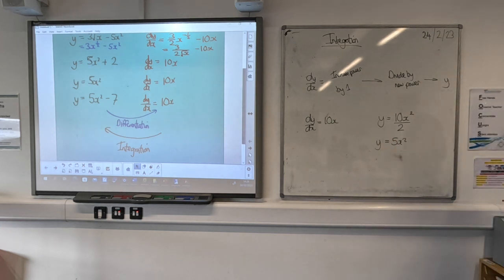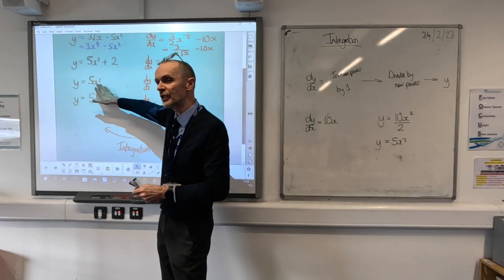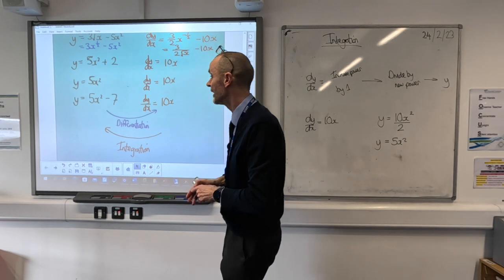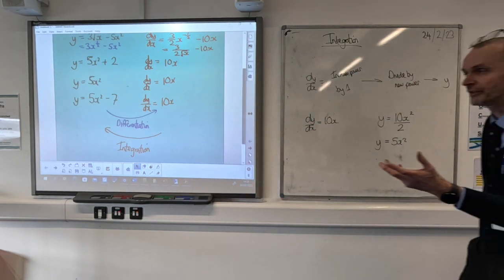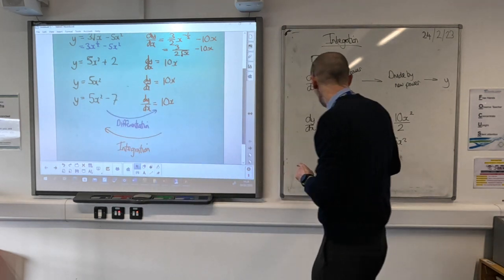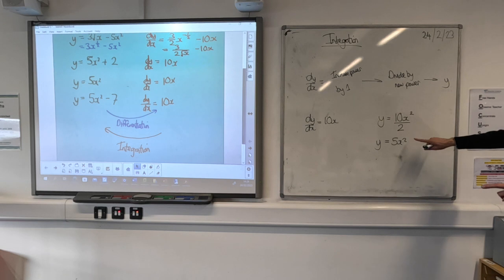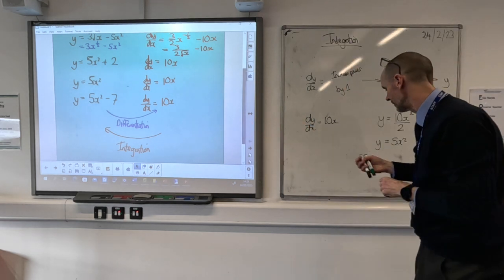But we have a problem, and that problem is I don't know if the original function, the original y equals statement, had a constant term as well. It might not have done. It might just have been 5x squared, which gave us 10x. So when you integrate 10x, you get 5x squared. But there might have been a plus 2, or a minus 7, or a plus or minus an infinite number of different values. I don't know, because when you differentiate, those numbers get lost.